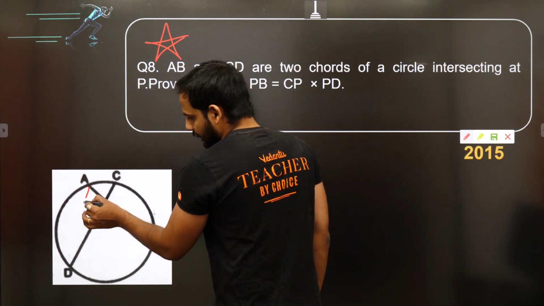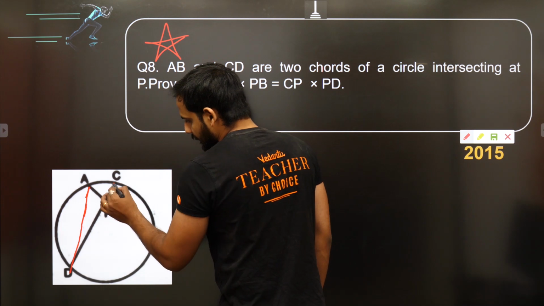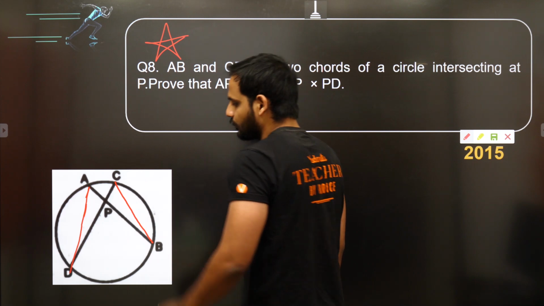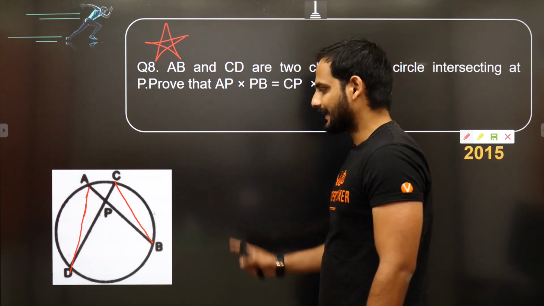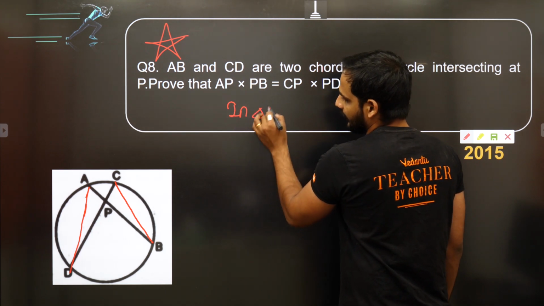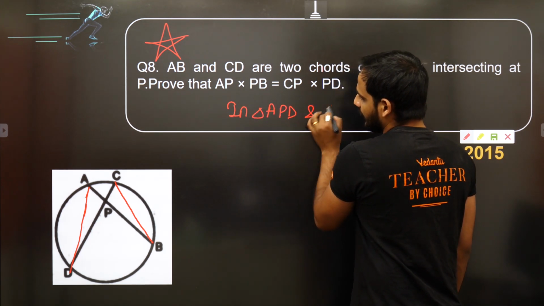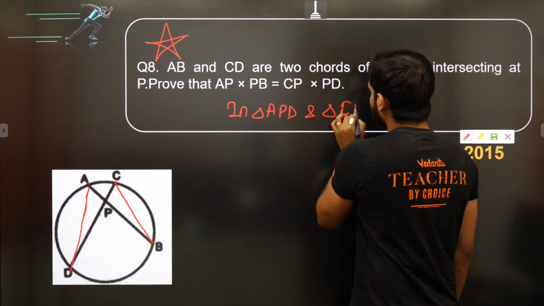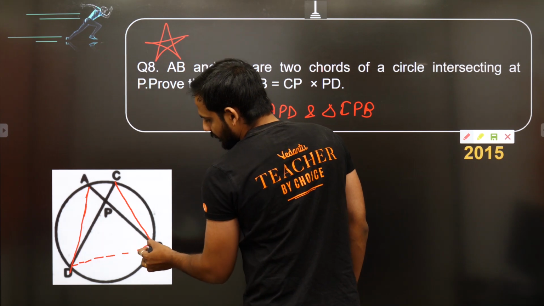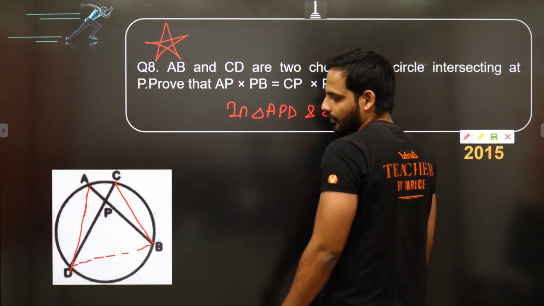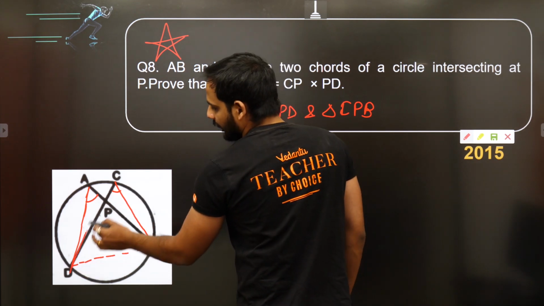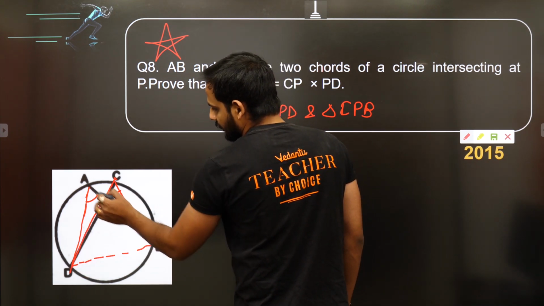So do one thing, join AD and BC. Then you have two triangles, triangle APD and triangle BPC. In triangle APD and triangle CPB, first, if you consider BD as a chord, these two angles should be equal because they are angles in the same segment.